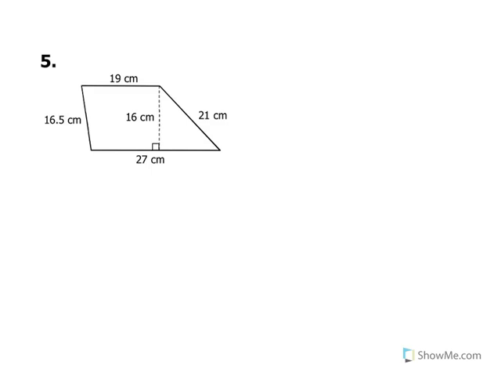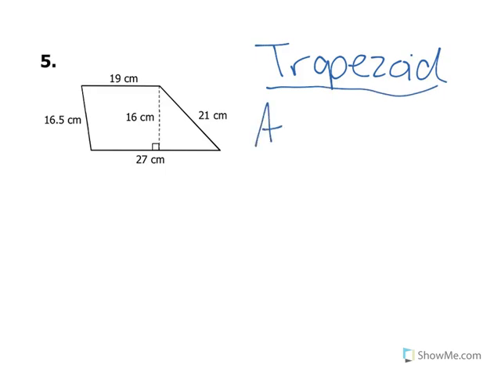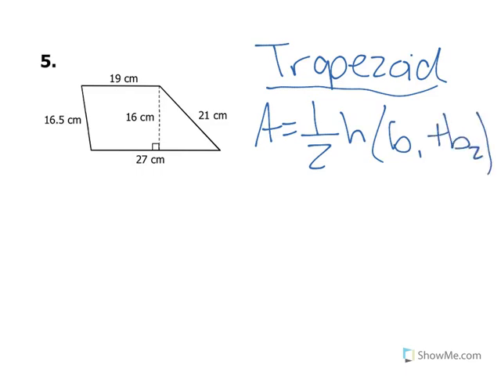Okay, the next one I'm going to look at is number 5. So number 5 is a trapezoid. So your formula for a trapezoid is 1/2 the height times base 1 plus base 2, and that's in parentheses. So your bases have to be the sides that are parallel to each other.